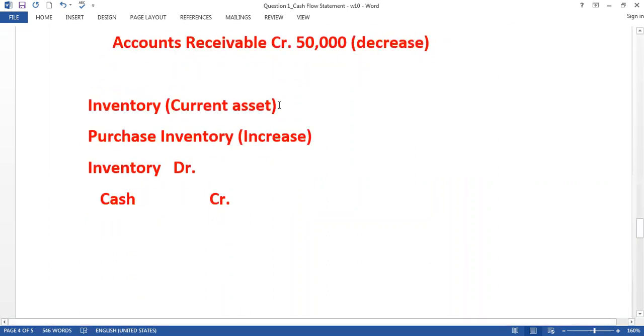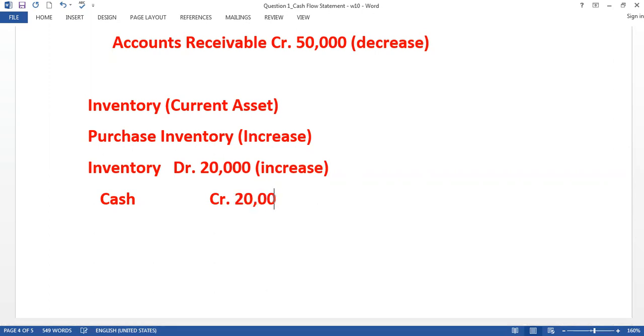Now here current asset increases, right? Current asset increase means the cash is not with you. Do you understand? This is a journal, for example $20,000. Inventory is a current asset. Inventory increase means the cash is not with you. So here cash is minus.